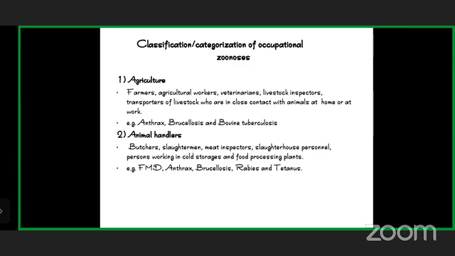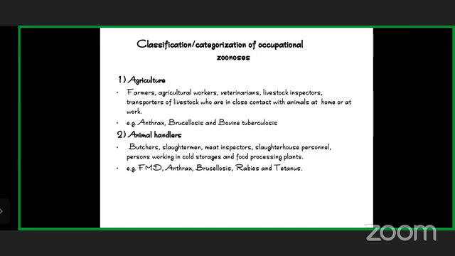For example, if you consider the agricultural sector, the kinds of persons employed vary, like agricultural farmers, agricultural laborers, or the veterinarians who are involved in treating the animals that are used in agriculture.